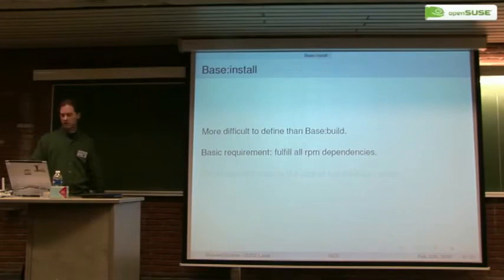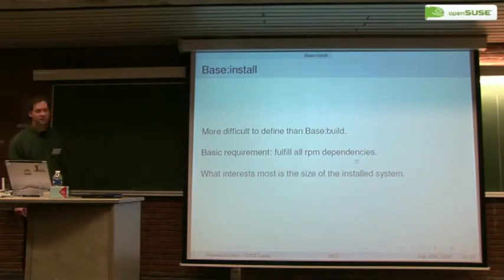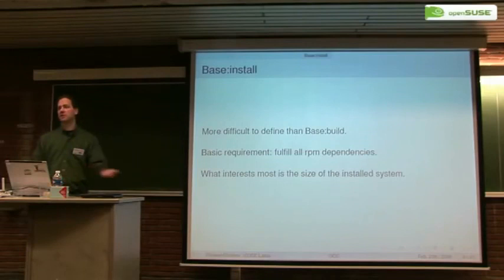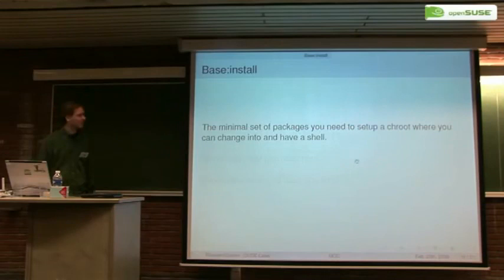And of course, for install, we are interested in the size of the installed system. Because if you want to install an embedded device and you only have 64 megabytes of flash, then you only have 64 megabytes of flash. So, at first, one thing we use the install part for is, of course, again, for setting up the build root, because there we install all the packages and also their dependencies.